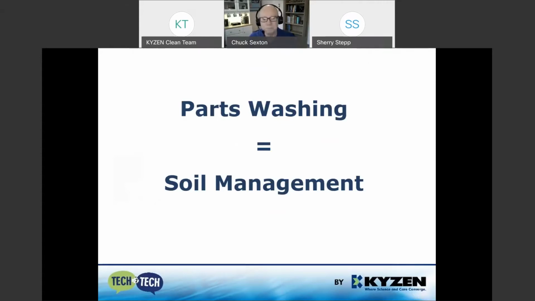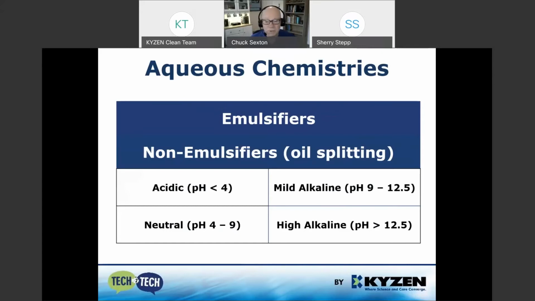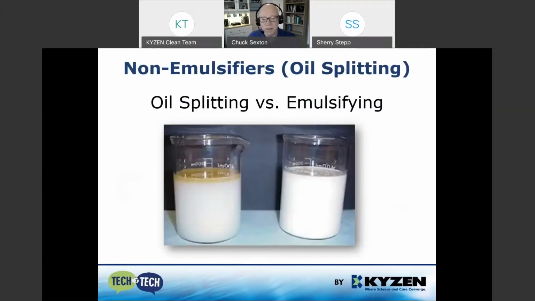Aqueous cleaning chemistries can be classified as two broad categories: emulsifiers and non-emulsifiers, or oil splitters. And then you can further categorize these products by their pH. The beaker on the right shows an emulsifier, and the oil that was added to this cleaning chemistry stayed in a stable emulsion.